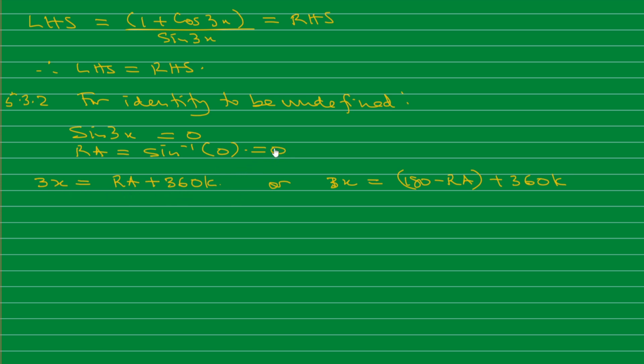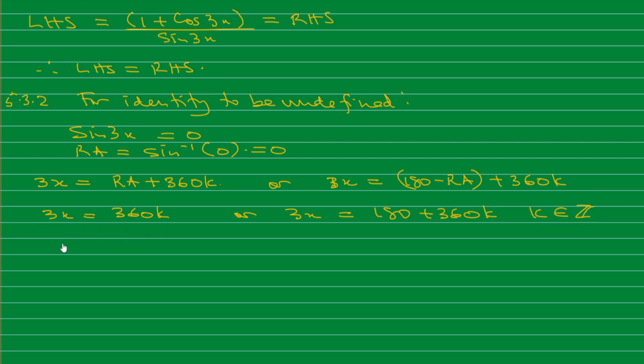Now here we got our reference angle is 0. So we are going to have 3x is equal to 0 plus 360k, or 3x is equal to 180 minus 0, that is 180 plus 360k, where k is a whole number.